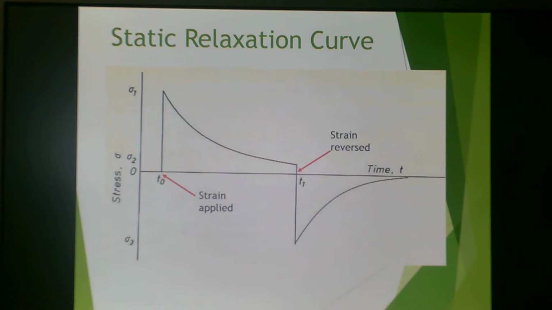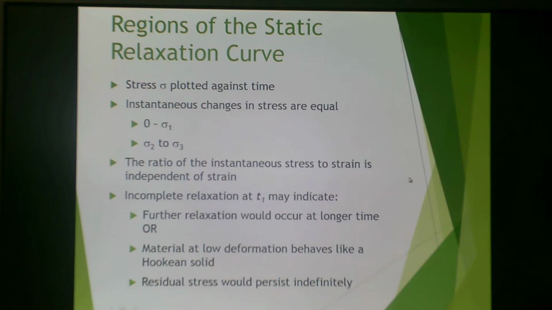Here you have a stress relaxation curve. So here you're plotting stress on the y-axis. A strain is applied and develops, and the strain is then reversed. So it actually goes to the negative y-axis over time. In this case, stress is plotted against time.